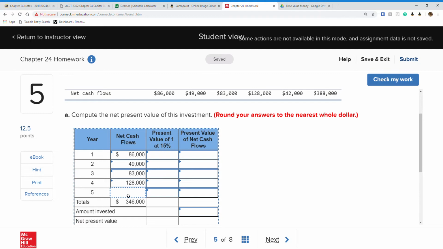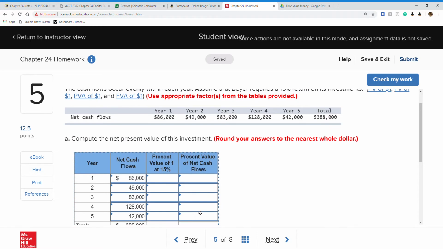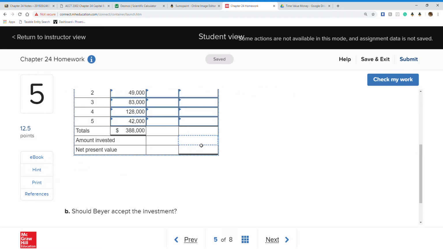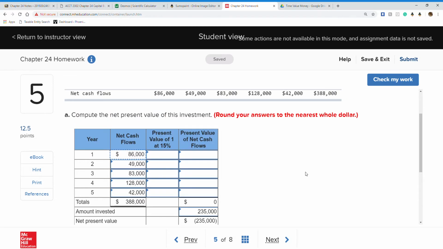Then finally year 5. Okay, so the amount invested is the actual purchase of the asset, $235,000. So we're going to end up coming up with the present value of $1.